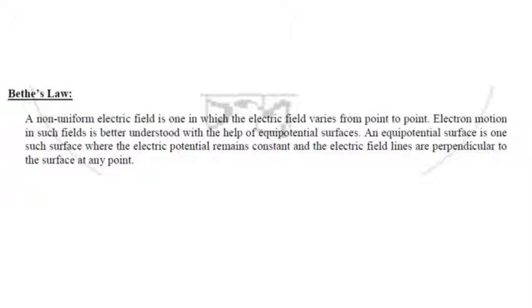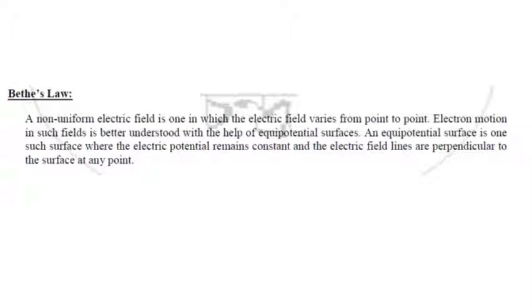According to Bethe's law, all non-uniform fields have equipotential surfaces. An equipotential surface is the surface where the electric potential remains constant and the electric field lines are perpendicular to the surface at any point.